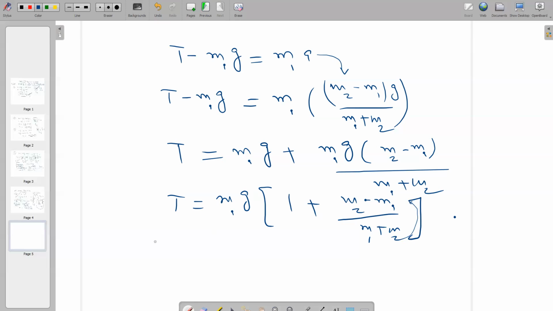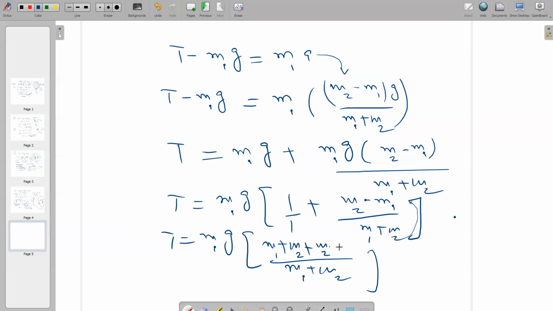When you solve this, M1G, by taking the LCM, which is M1 plus M2, this is M1 plus M2 plus M2 minus M1. This M1 will cancel with this M1 and we have M2 plus M2, 2M2. So the answer will be 2M1M2G divided by M1 plus M2. In this way, you can find the tension of this system.